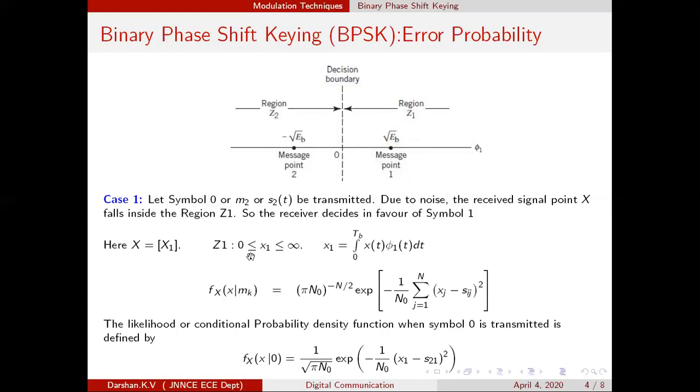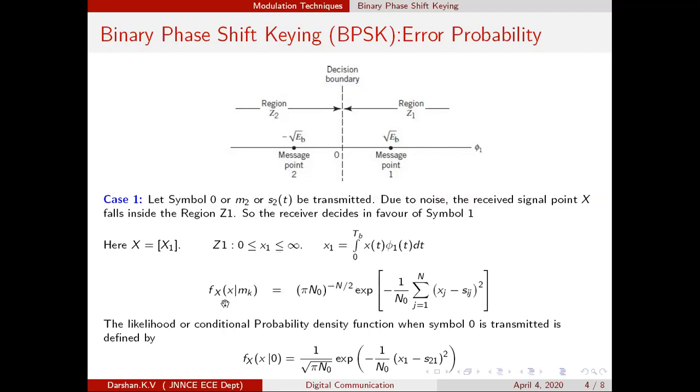Therefore, X1 is between 0 to infinity. This is how you can express it, but you cannot have any infinite value; that value is very small. So the maximum range has been written.